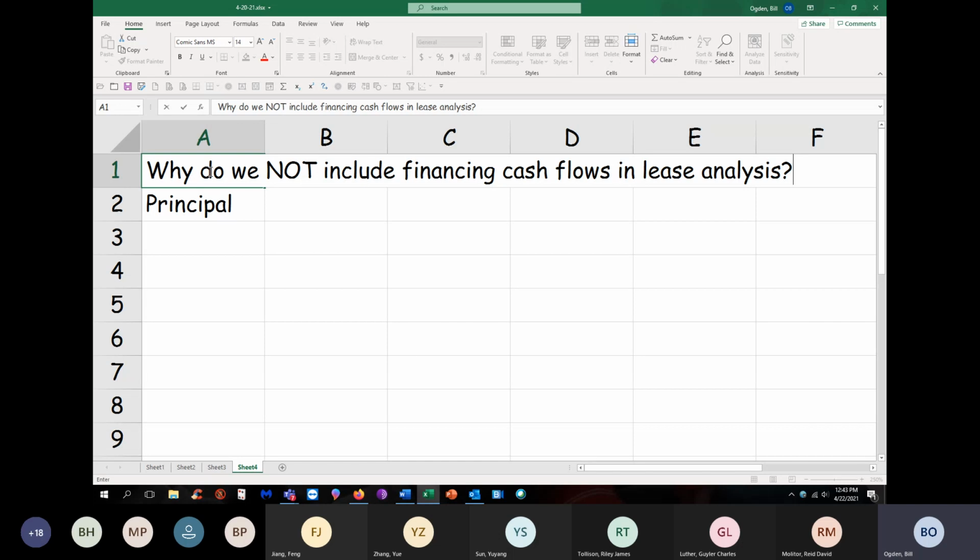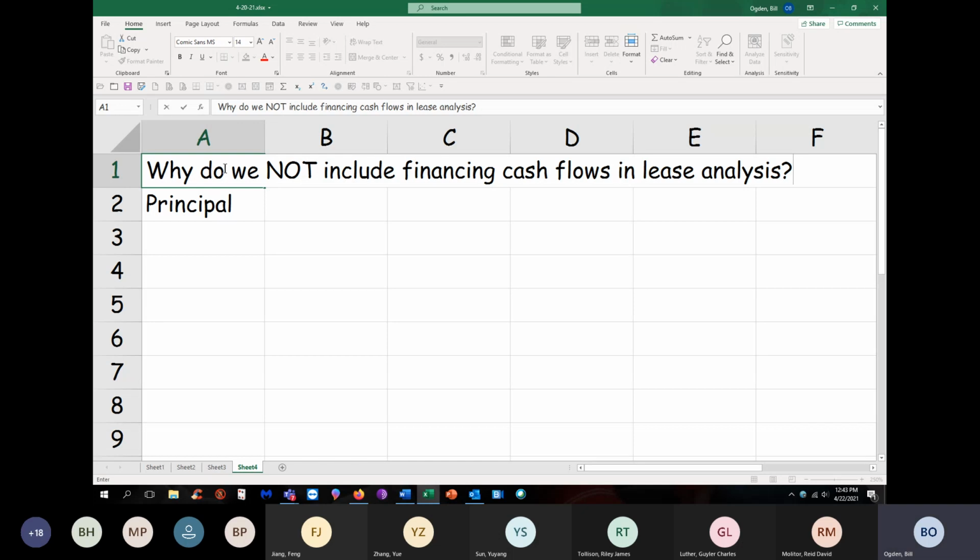So there's some advantages to that, but at the same time, if you're just restricting your processes to determining the NPV of a lease and determining whether or not to accept a lease and determining minimum lease payments the lessor is willing to accept, and the maximum lease payment the lessee is willing to make, I mean, that's the three big things about leases. So rates aren't necessary for that. That's why we don't do it.